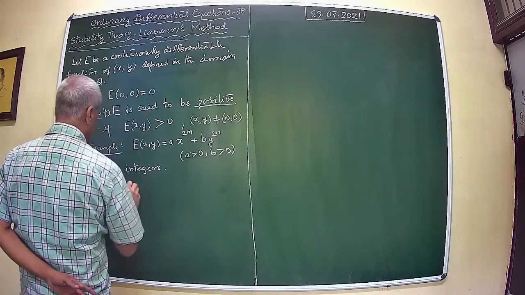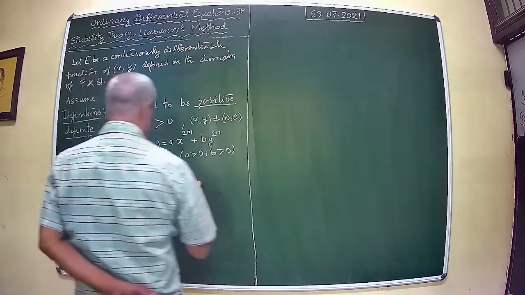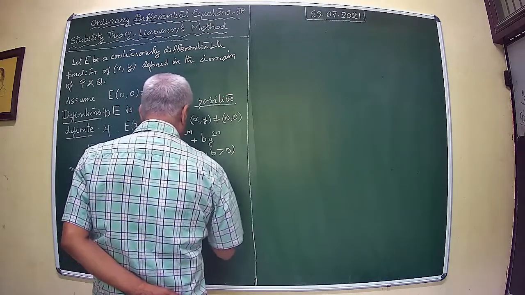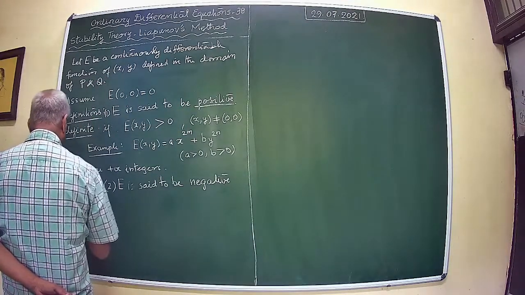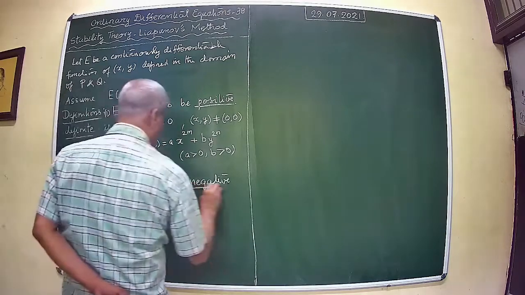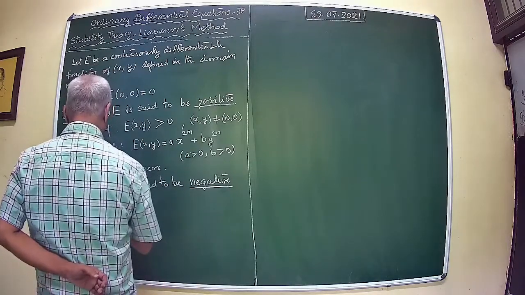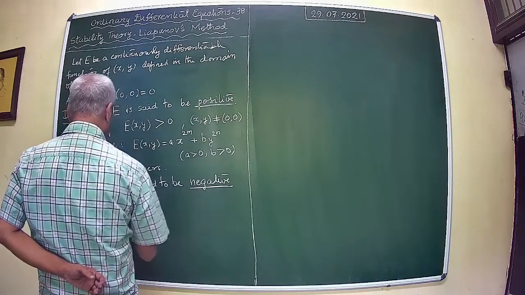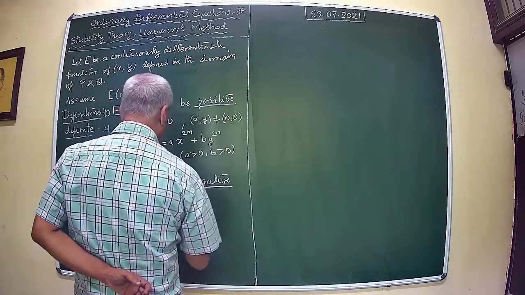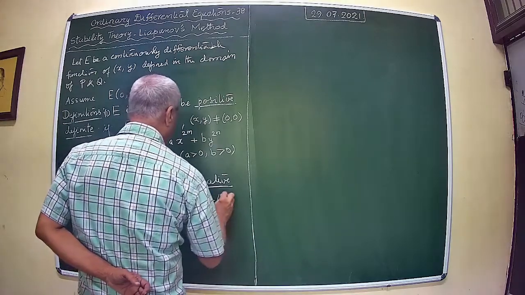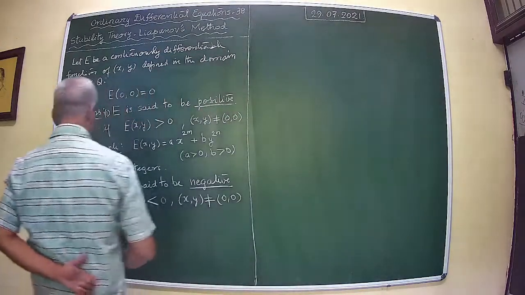E is negative definite if E(x,y) is negative for (x,y) not at 0, 0, where it is 0. See, so it's the same example.